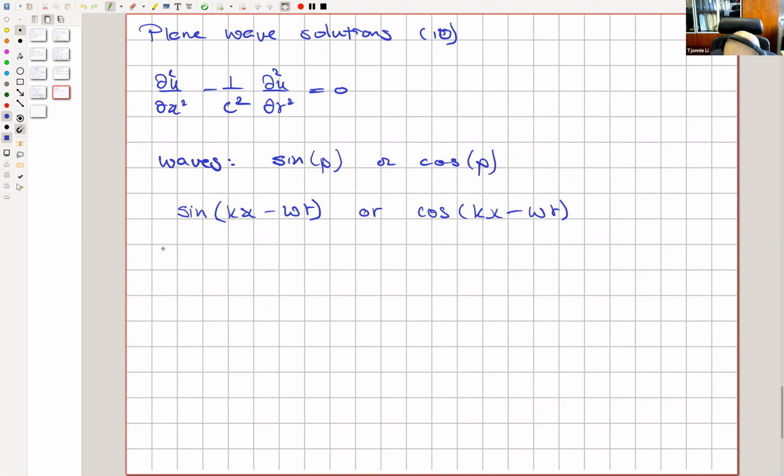And so, of course, I could also write in terms of complex notation.